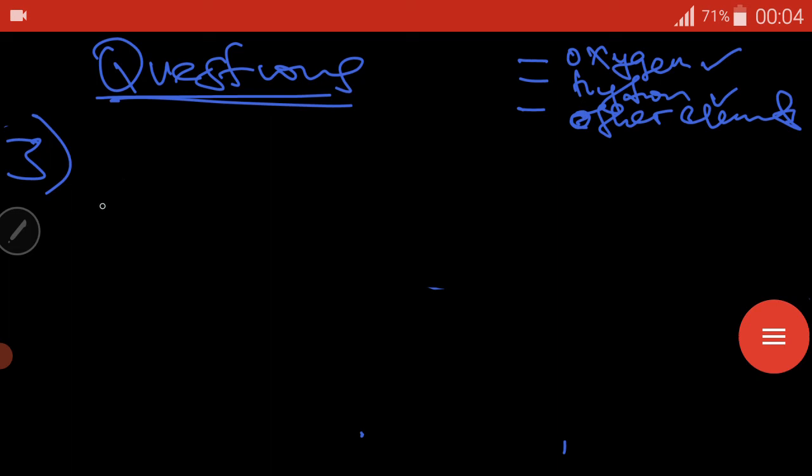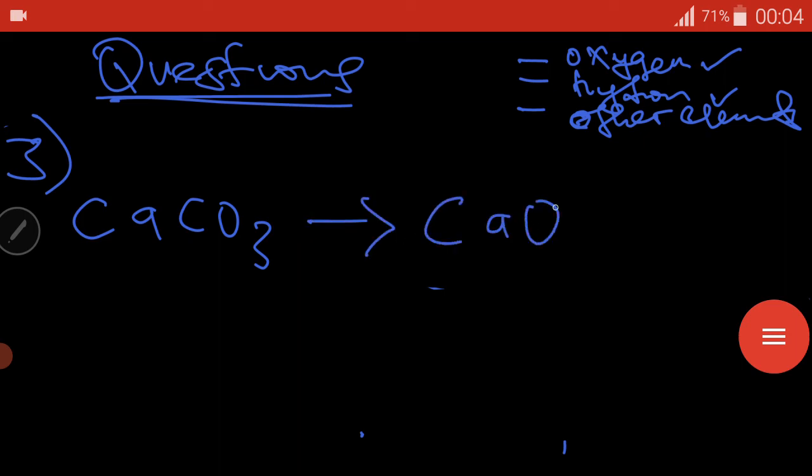So the element that I'm having here is calcium carbonate, giving us calcium oxide plus carbon dioxide. So let me balance oxygen, then hydrogen. In this case I don't have hydrogen, so I'm not concentrating on hydrogen, so just oxygen, then any other element.